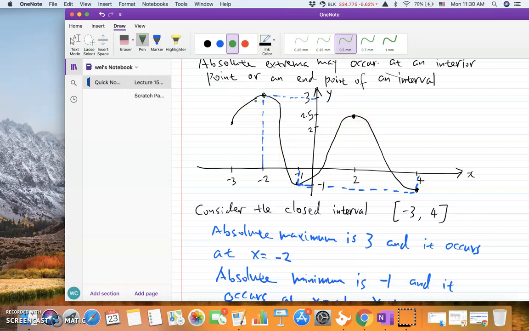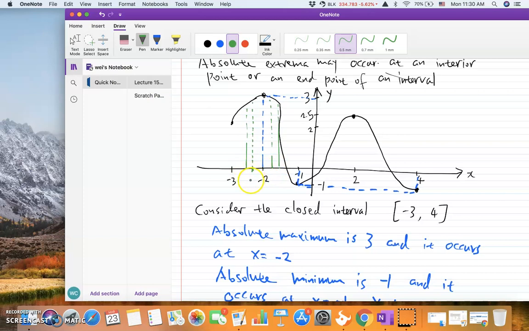Because at this point, the function value is higher than the function value of the points nearby, right? The function value at -2 is higher than the function value nearby -2.